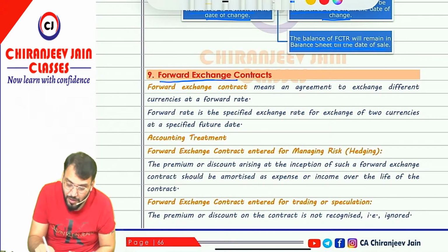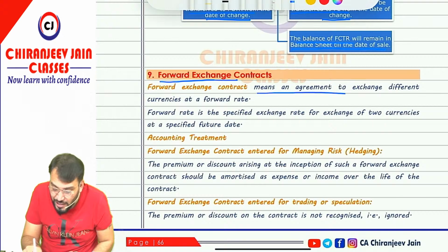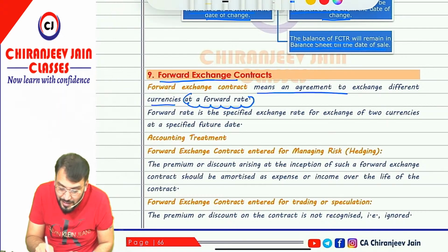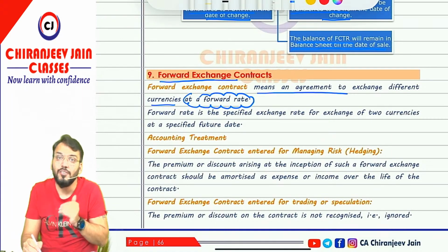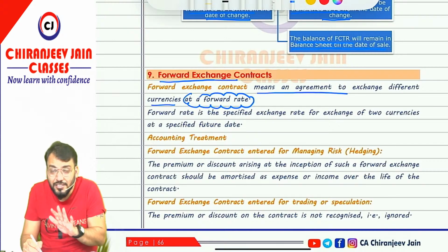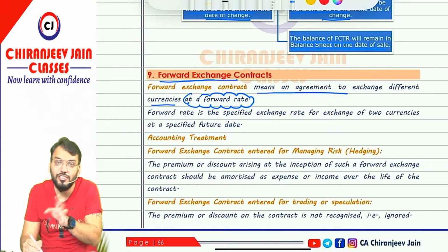Forward exchange contract means an agreement to exchange different currencies at a forward rate. So suppose you have entered into a contract to buy $10,000 at rupees 80 right now, and this transaction will be settled in future, so that is known as forward exchange contract, correct?